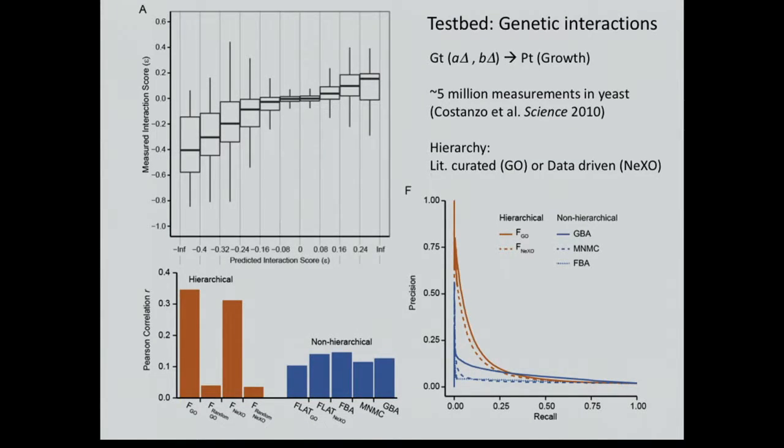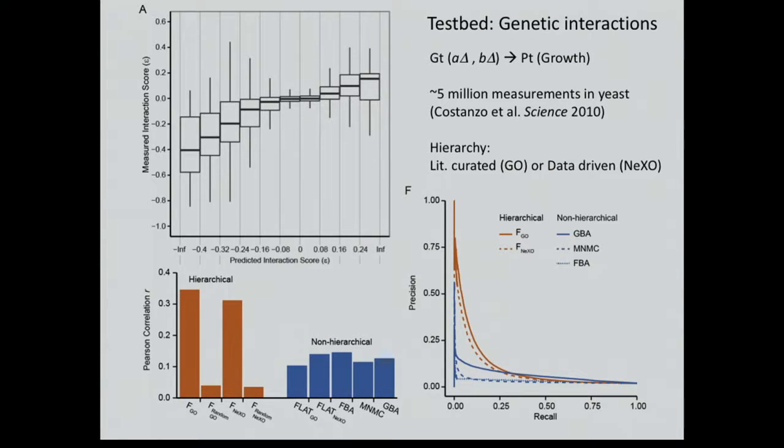So there's that. If we substitute the literature-curated GO for yeast with our data-driven version I presented in the first half of my talk, recall that was called NeXO, it actually doesn't do quite as well, but still both of those do way better than randomizing the ontology, the corresponding versions of the ontology as a negative control.